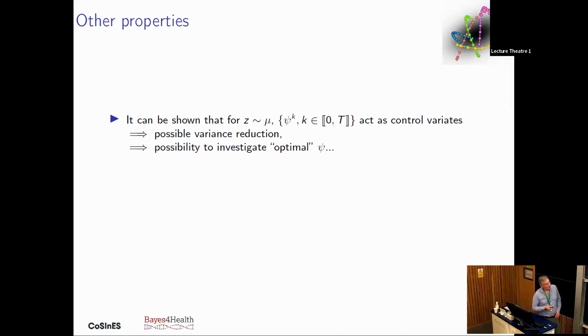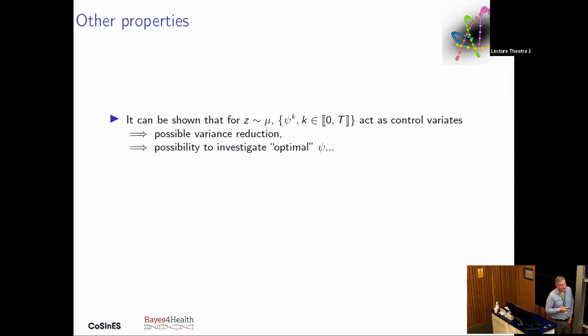What you can show is that the psis act as potential control variates, that's for sure, but they can be bad control variates. They can introduce positive dependence. So that's why introducing those weights, learning good weights, is a possible strategy. But I don't think this is the main advantage of the algorithm.